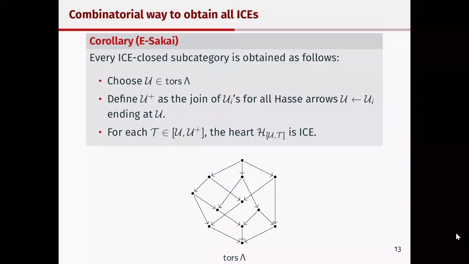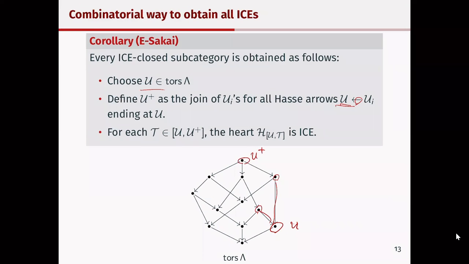Then every ICE closed subcategory is obtained as follows. First, choose some torsion class U. Then define U plus as the join of all arrows ending at U. In this case, there are two arrows ending at U. By taking the join of these two, we obtain this. So this is U plus.